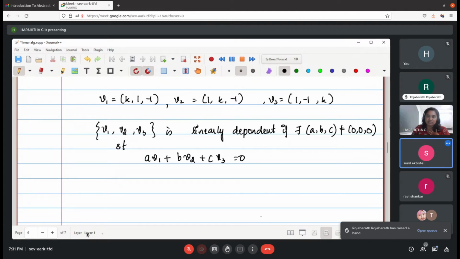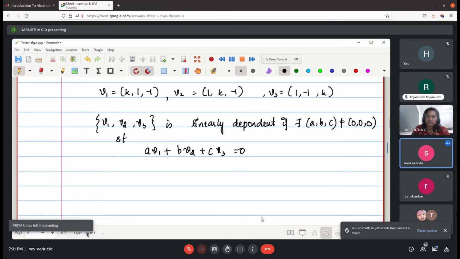If you compare any one vector with the linear combination of the other two, if you equate that. Maybe I'll write what you're trying to say. It will be clear for others. So what he's trying to say is dependent means there is some vector which can be written as a linear combination of the other two.